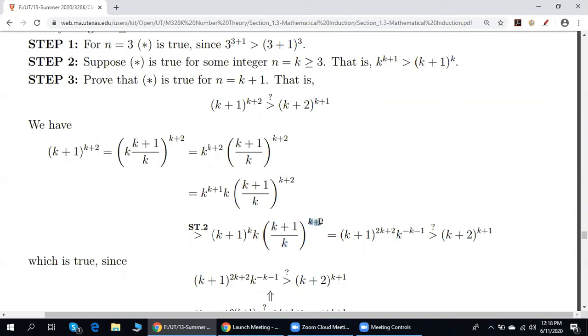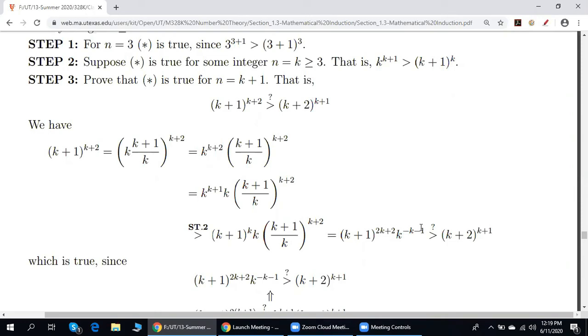And now let us expand parentheses. K to negative 1 to the power k plus 2 is same as k to the power negative k minus 2. And now let us put pieces together. Here k to 1, over here k to negative k minus 2, 1 plus negative k minus 2 is negative k minus 1. Is this clear?